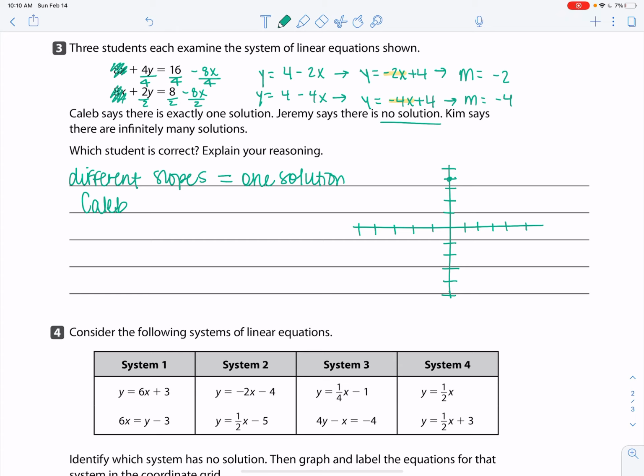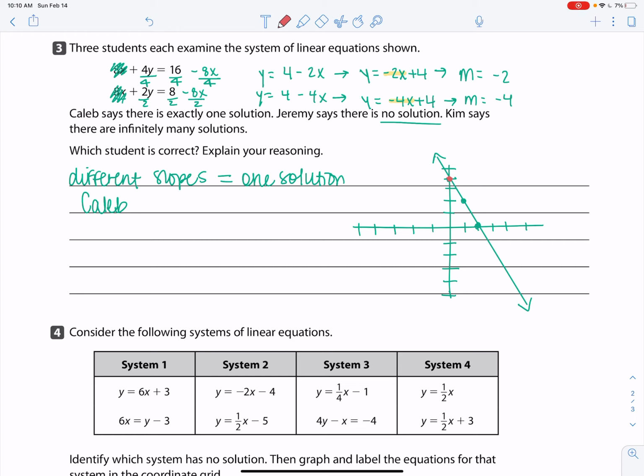We start at 4 for the top, and then we go down 2 over 1. So we've got this line for this one.